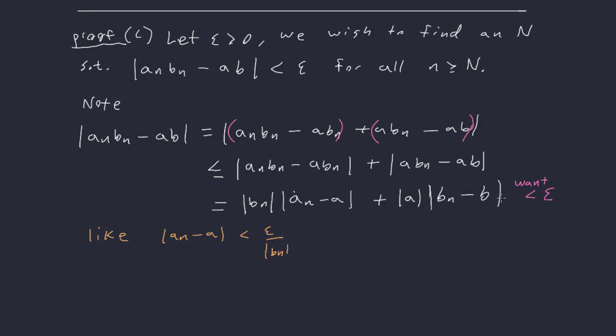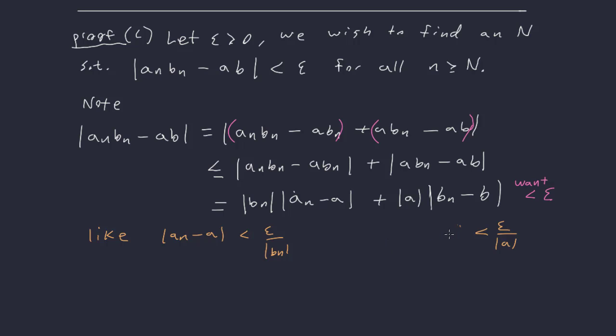And then here, we'd also like this bn minus b maybe less than epsilon over the absolute value of a. Okay, so it would cancel with that. So I'm looking for things that will cancel. But I have another problem here. If a is 0, this is a big problem. Okay, so there's a couple of things we're going to need to deal with.